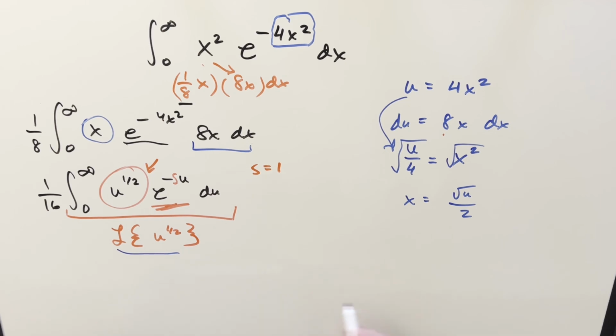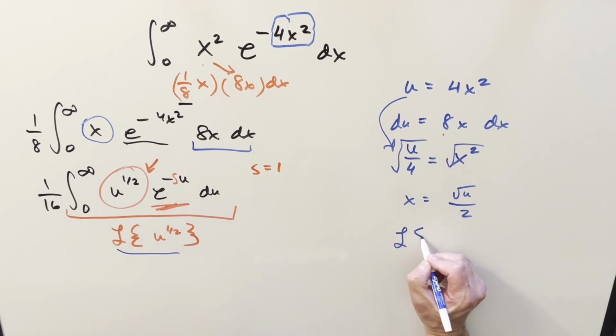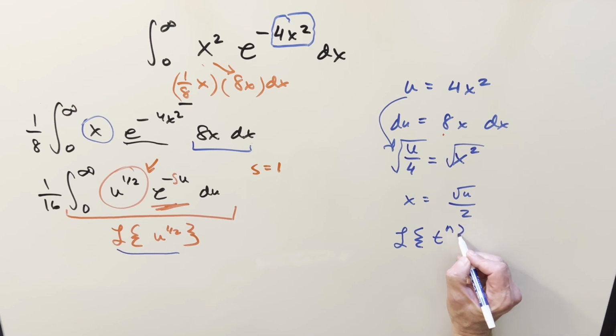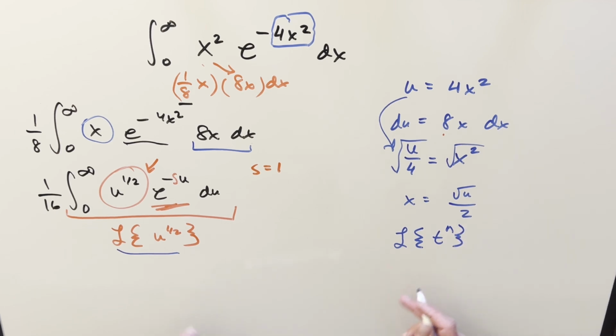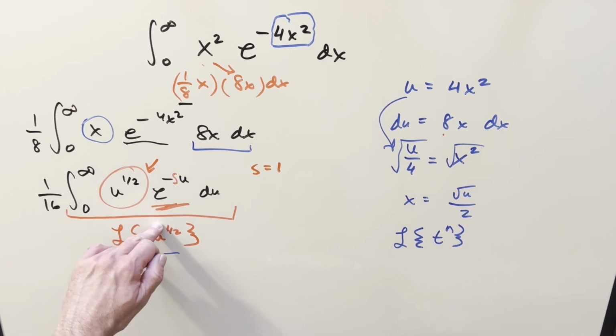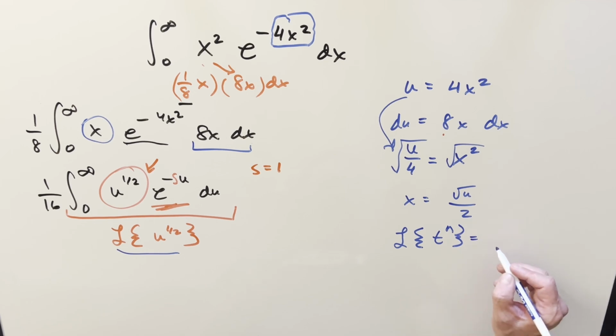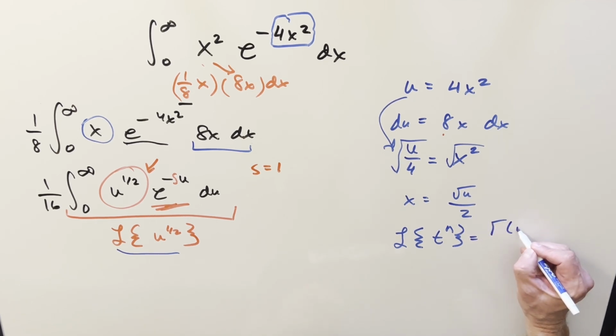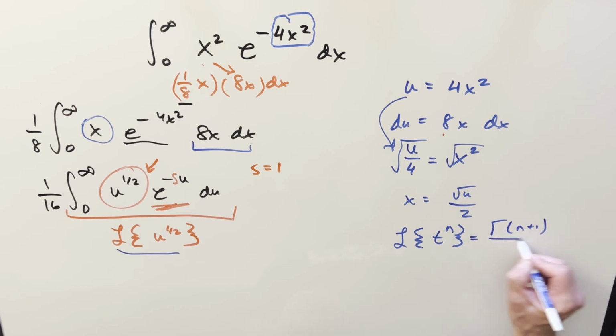So for this right here, let's look at the formula. We'll use a different variable for the formula. Let's say if we have something in the form t to the n, we do it a little different if n's an integer, but we don't have an integer in the exponent here. So let's use this formula, where we'll say this is the same thing as gamma of n plus 1 over s to the n plus 1.